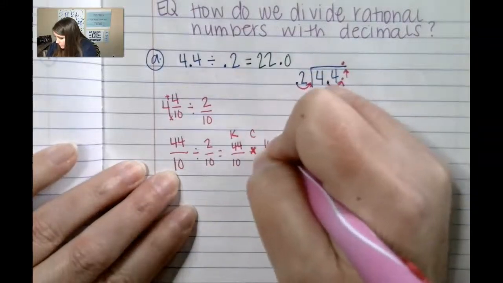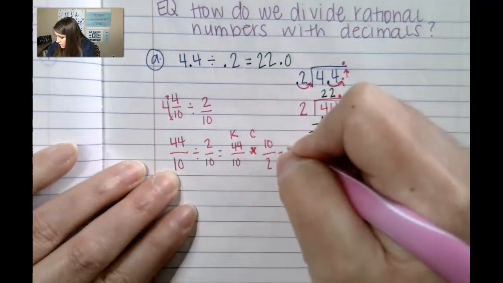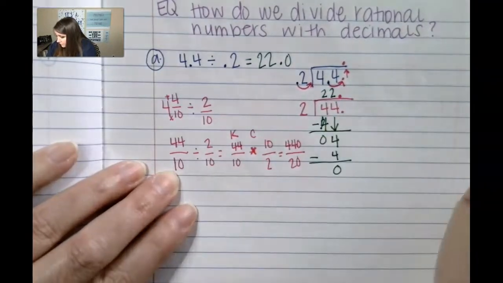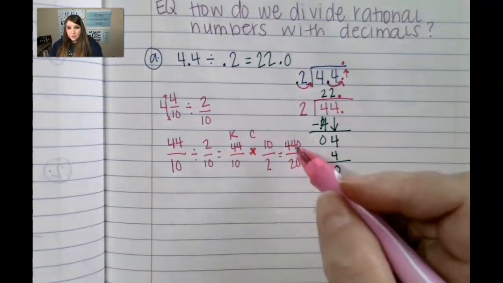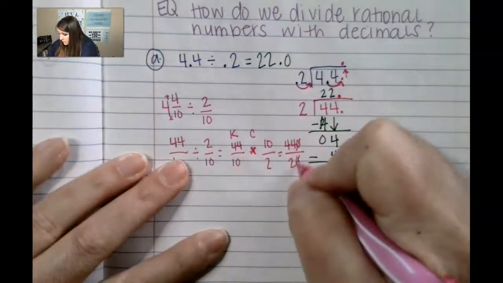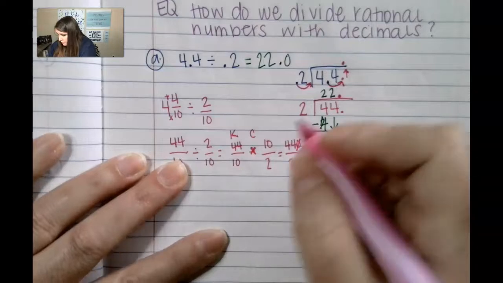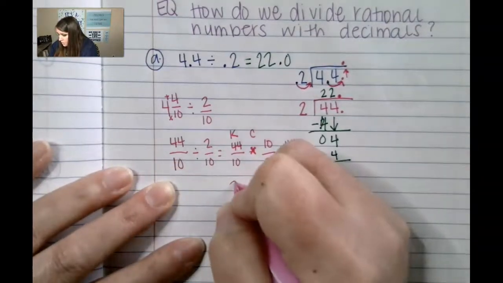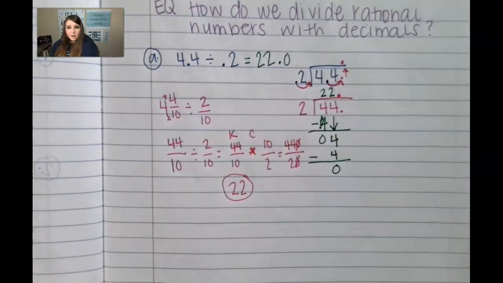And then we flip, so it's 10 over 2. 44 times 10 is 440 over 20. We can figure out how many times 20 can go in, or we can just remove the zeros like this, and then we get 44 divided by 2, which is what we had here, which is 22. So you choose how you want to solve.